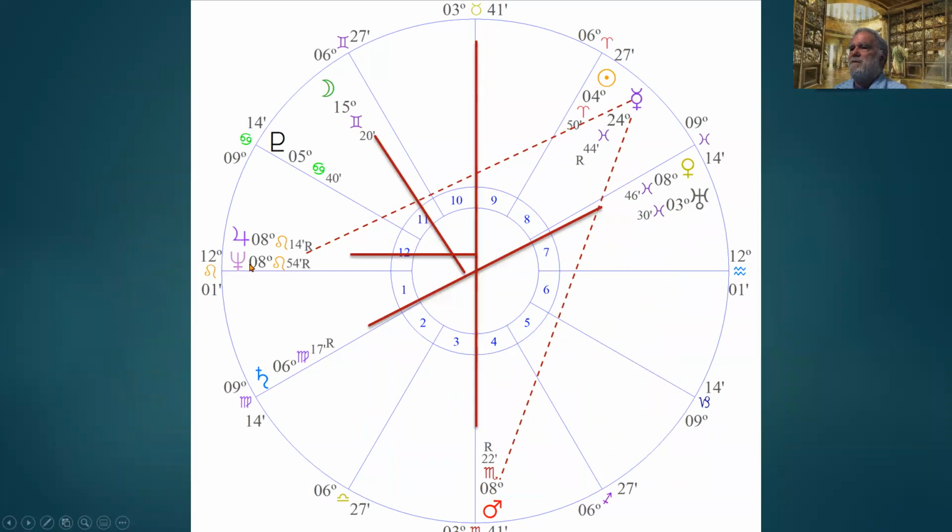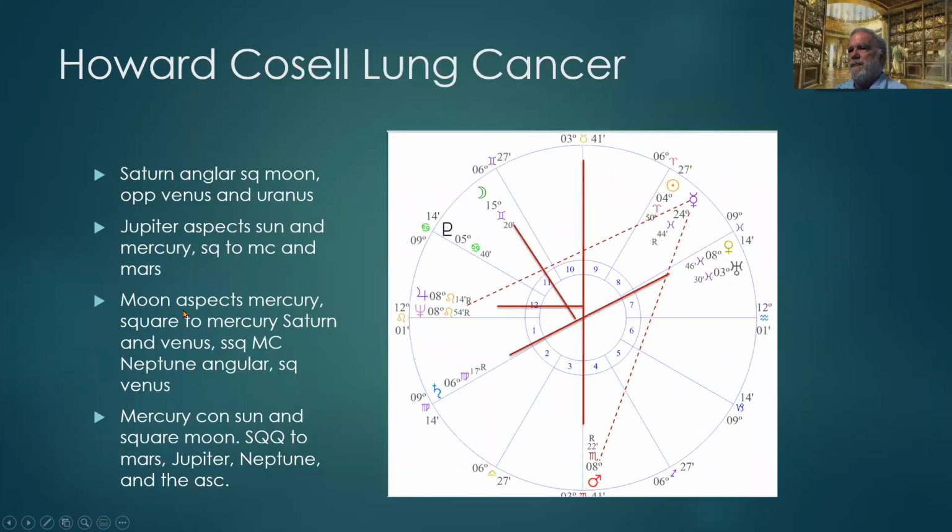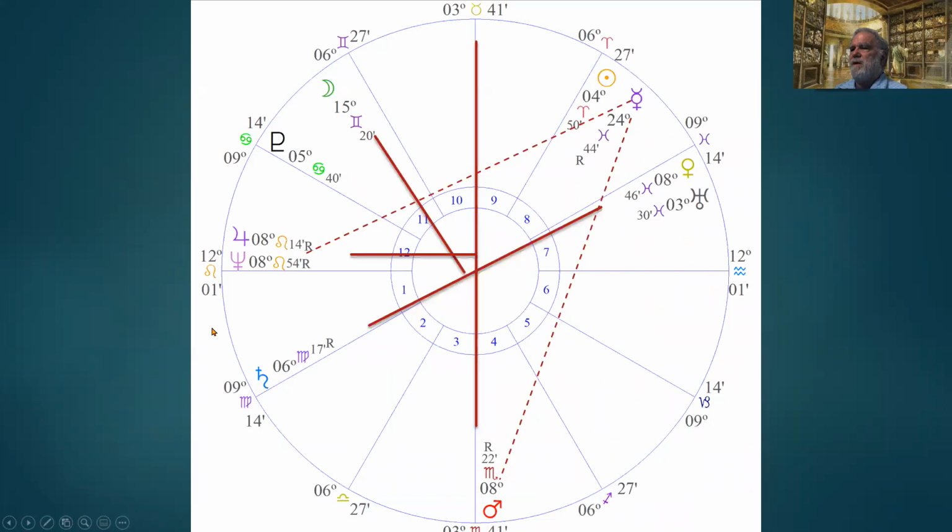This is Neptune. Square, what am I doing? Moon. Wait a minute, where am I? I got lost here. Moon aspects Mercury, square to Mercury, Saturn, and Venus. I hope I didn't make a mistake there. Moon, 24, 15. Oh yeah, Mercury. Yeah, Saturn.